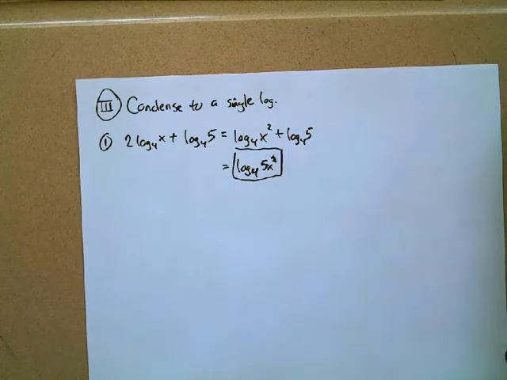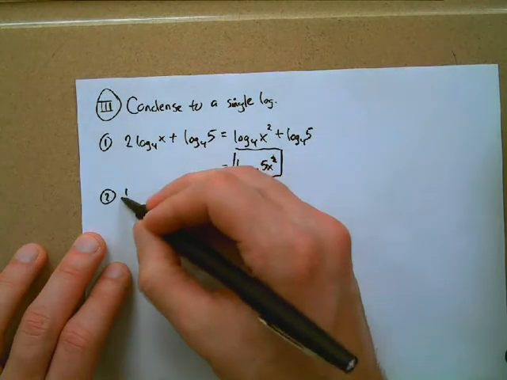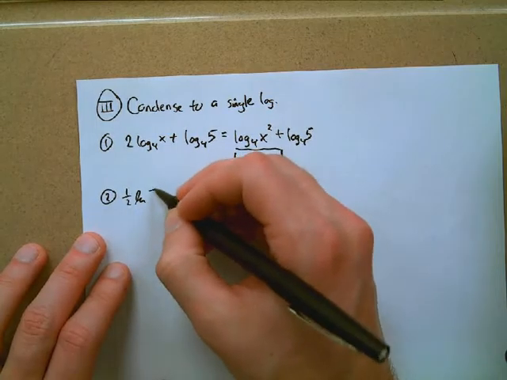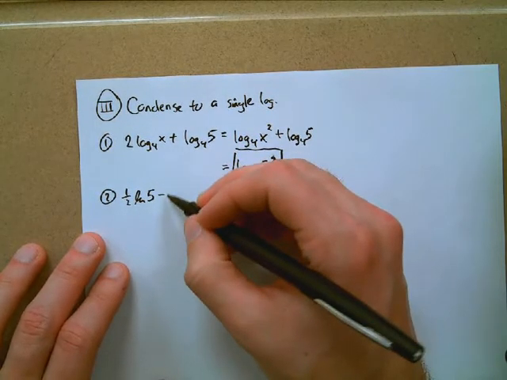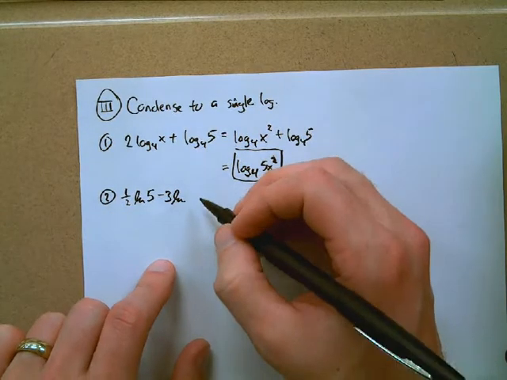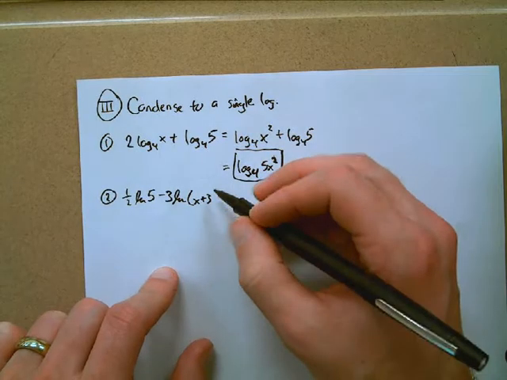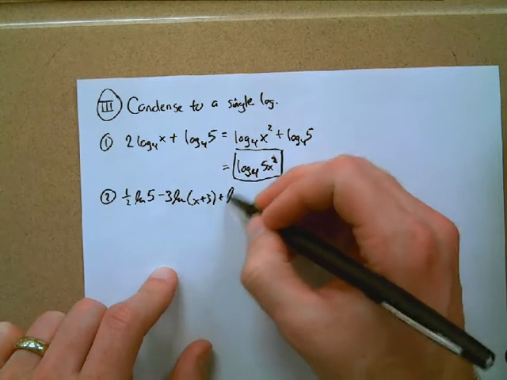All right, let's try another one. 1/2 natural log of 5 minus 3 times the natural log of x plus 3 plus the natural log of x. So again, we have some coefficients we're going to bring up and make exponents.